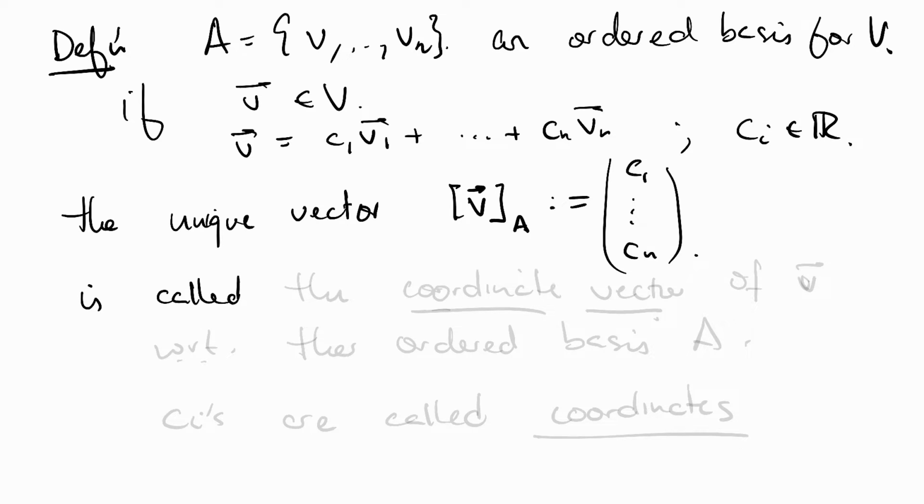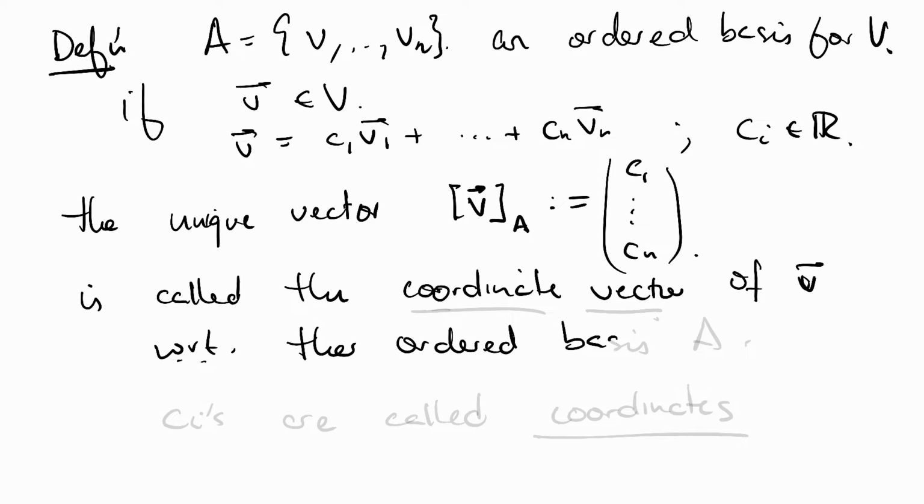It's called the coordinate vector of V with respect to the ordered basis A, and the Ci's themselves are called coordinates.